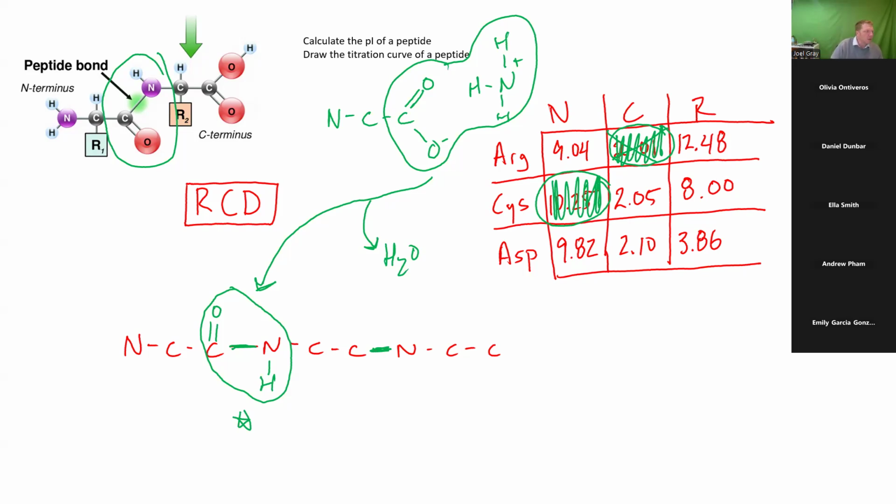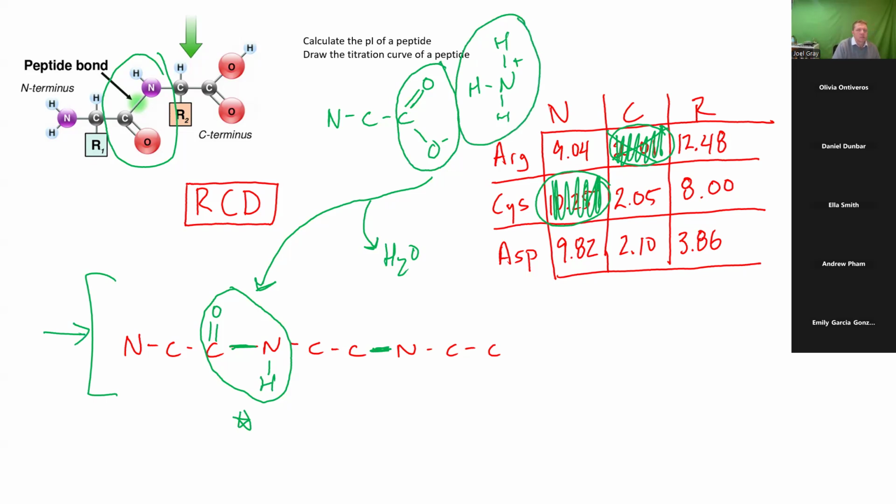So what's happening is when we make a peptide, this molecule right here, the way that we're making that is by a condensation reaction from the C termini of one amino acid and the N termini of another amino acid. Those two things come together and release H2O and give us a peptide bond.